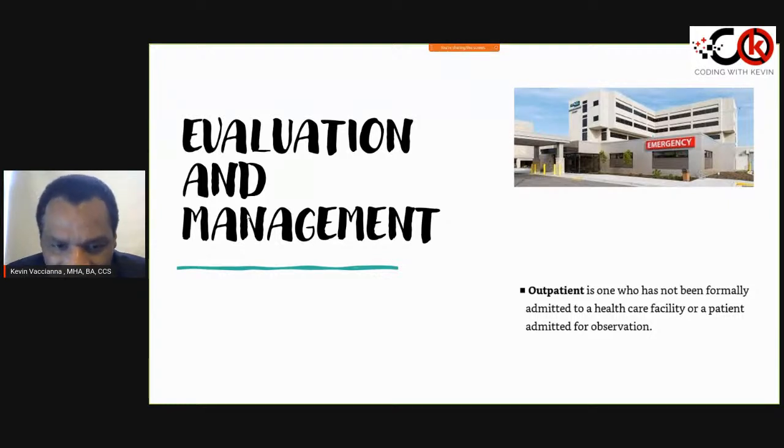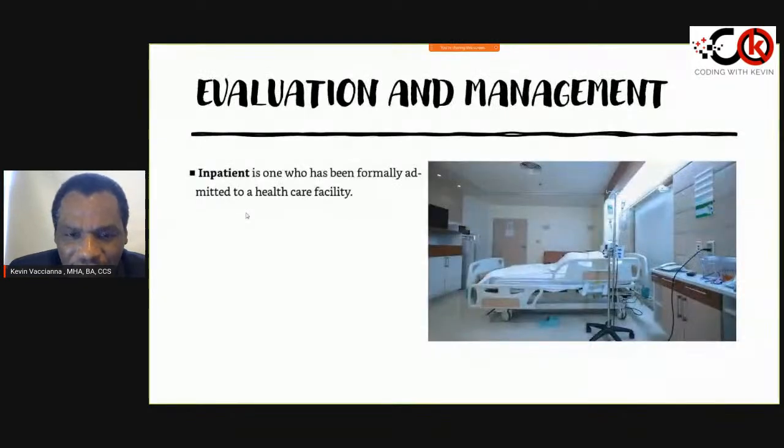You're not formally admitted, so therefore you're considered to be an outpatient. Inpatient, we know the classification stems from somebody who's formally admitted to the hospital. So you're definitely in the bed. You're there most likely over 3 days plus, or you just have an admittance sheet in your medical record that says you're formally admitted to the hospital.